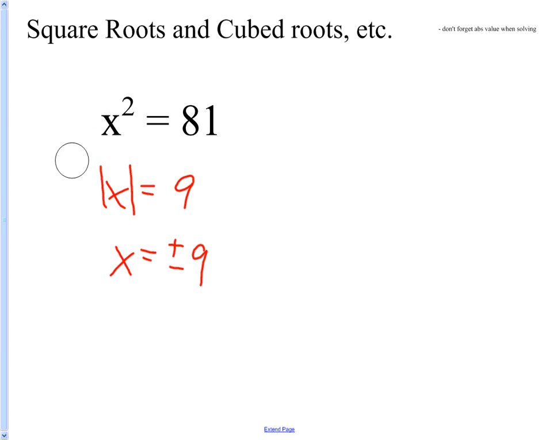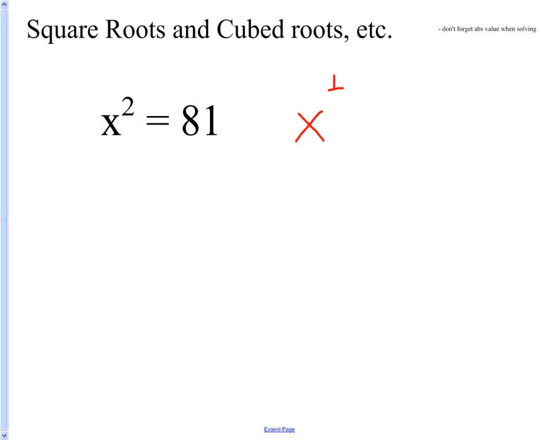So what does that mean about the new stuff? Well, anytime you see anything with a square root, even written that way, square root of a variable, then you know your answer better come out with a plus or minus. You know what I mean? Just like when we did the square root of this.